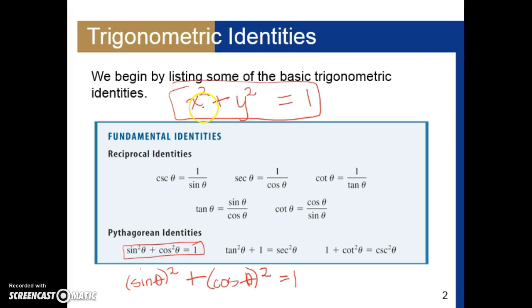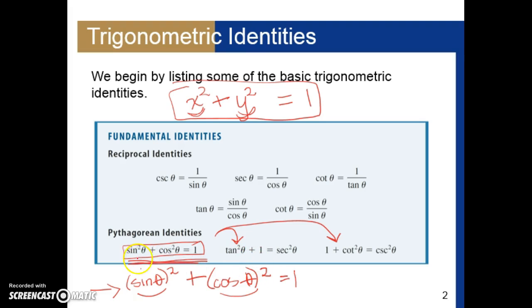Since all of our x coordinates are cosine and all of our y coordinates are sine, this makes the Pythagorean identity true. Not that you need to know that, but that's where the Pythagorean identity comes from. It's not coming out of nowhere. It's absolutely there.